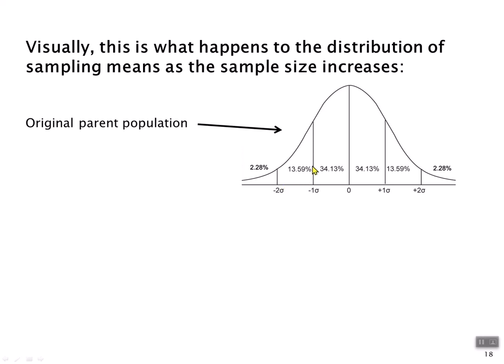There's a 13.59% chance that the one person can come from this zone, and a 34.13% chance that person can come from this area, and so on. So with the sampling strategy where you're only sampling one person, that person can come from anywhere in here, and you can get some very highly unrepresentative data with a sample like that.